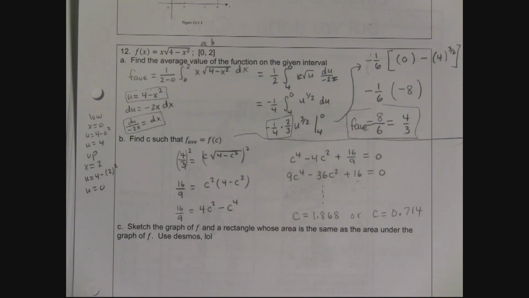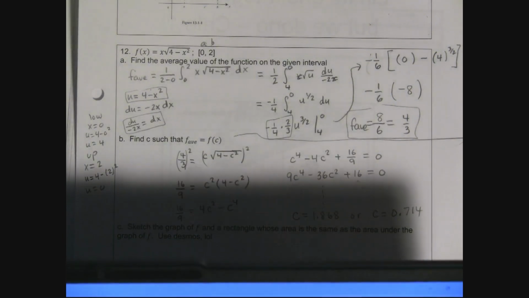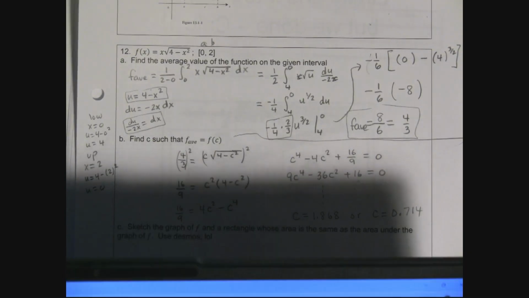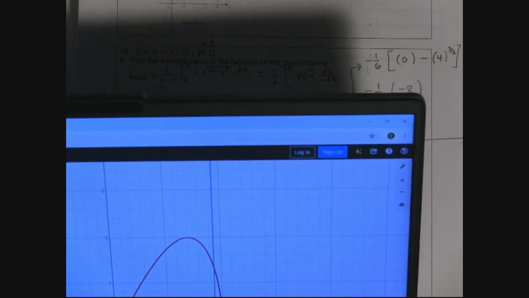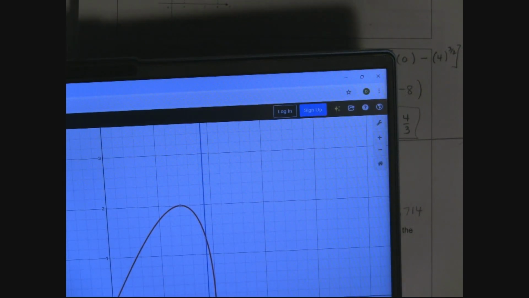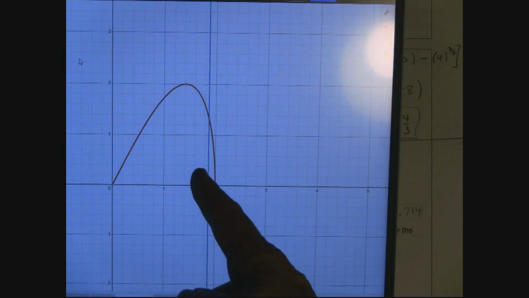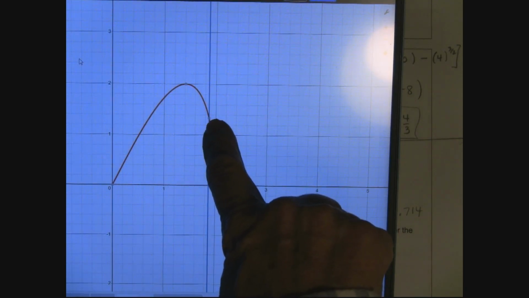So X is greater than 0, and you use a semicolon, is that right? Yeah, that's right. Okay. So I just graphed that one, and I put the point C on there.